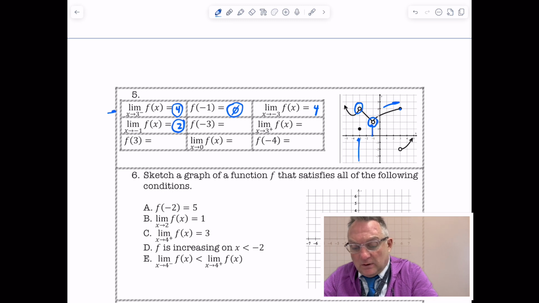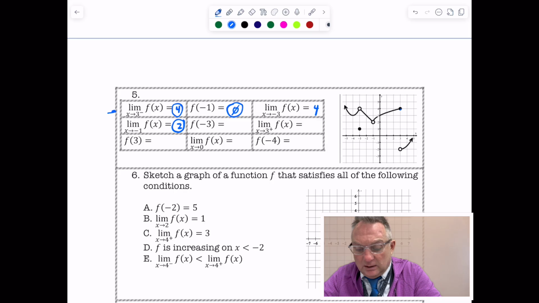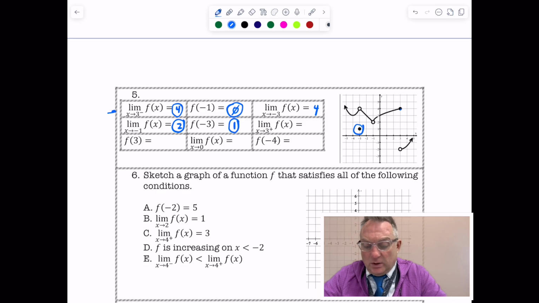Again, I'm going to clean this up. When I get to f of -3, that's this value right here. That's a function value, which is 1. And then the limit when it approaches 3 from the positive, that's way down here, approaching from that side. That's equal to -2.